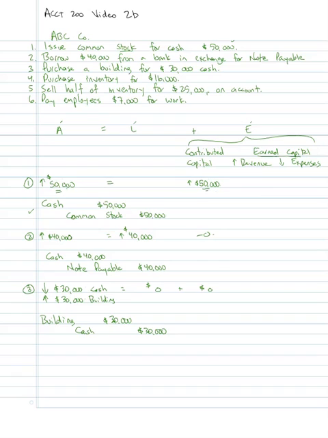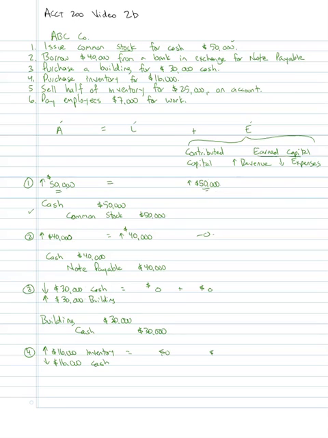Our fourth transaction, purchasing inventory for $16,000. This is similar to what we have just done. We are purchasing something for cash, so our cash is going to go down. We are getting an asset. So asset is increasing $16,000 for inventory. And our assets are also decreasing $16,000 for cash.